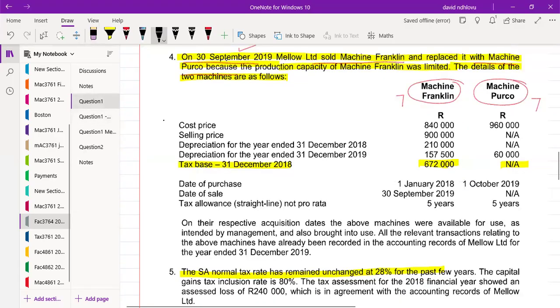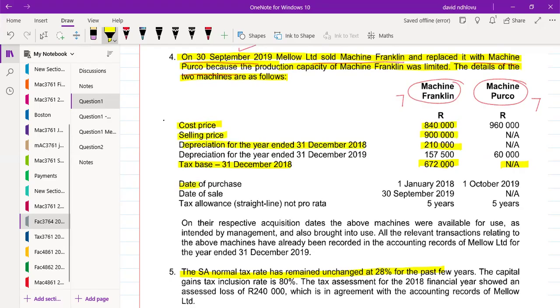Right, then we check again. When we look at the question, in terms of machine Franklin, we are given its original cost, which is 180. It was sold in 2019 for 900. The depreciation for the year ended 2018 was 210. But when was this asset acquired?